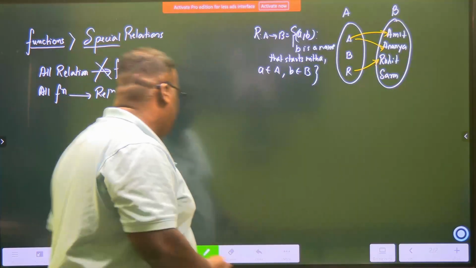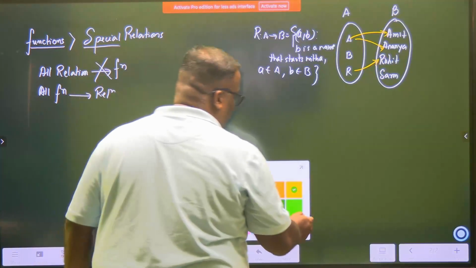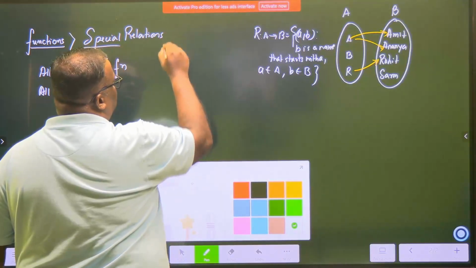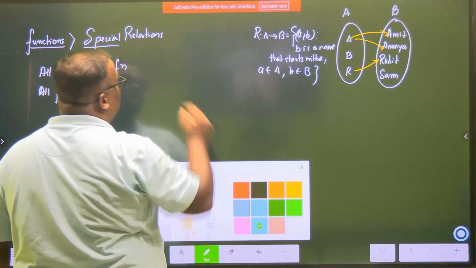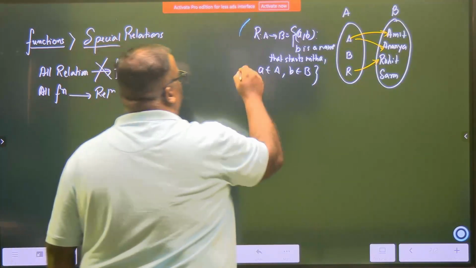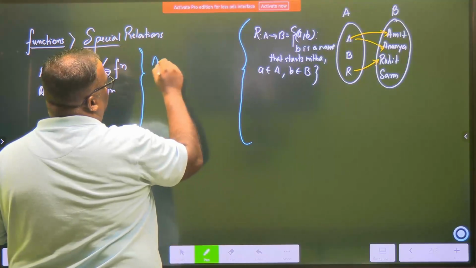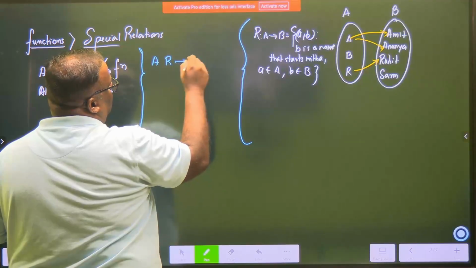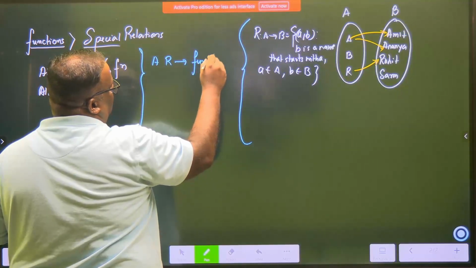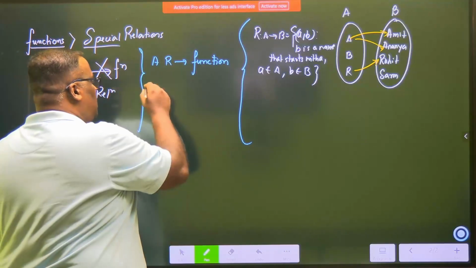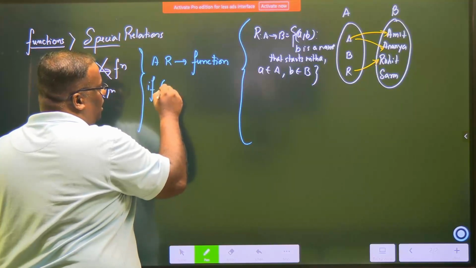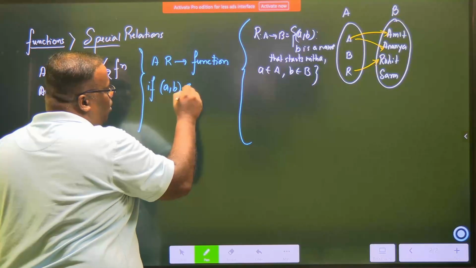When you actually come to functions, let's see how functions differ from relations. A relation R is said to be a function if an ordered pair (a, b) belongs to the function.